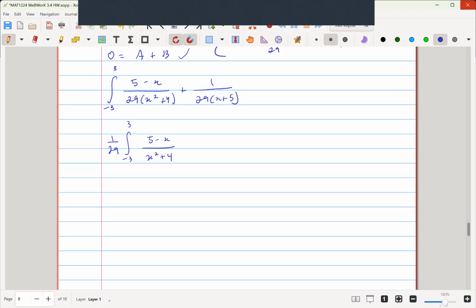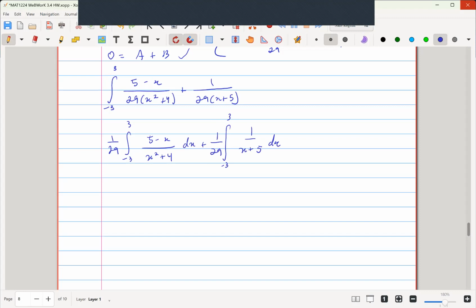This should look familiar from our trig section. And then this should just look like a normal integral. Oh, I forgot to factor out the 1 over 29. There we go. And this should be a very simple integral when we get to it. We're going to know in the back of our head that's just going to be 1 over 29 log of x plus 5, evaluated from -3 to 3.